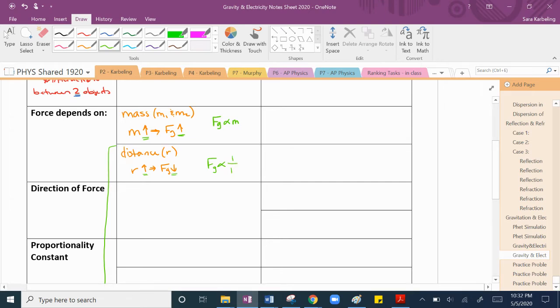So it's going to be 1 over r, but it actually turns out that it's not just 1 over r. If you go in and actually take data for this, and you may have been able to see it in the work that you did, it's not linear, it's not a direct inverse proportion. It's actually proportional to 1 over r squared.